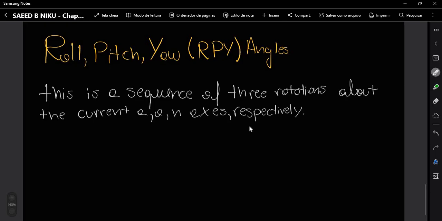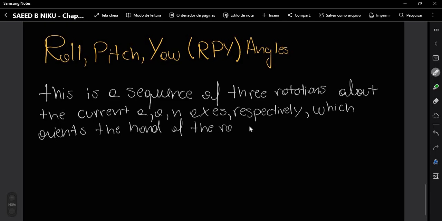Which orients the hand of the robot to a desired orientation.